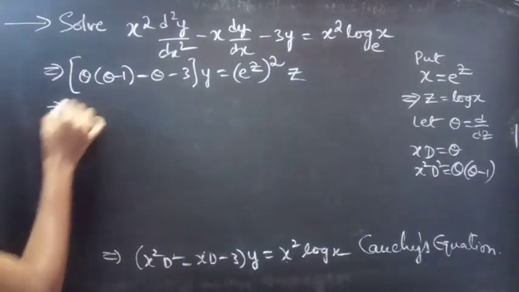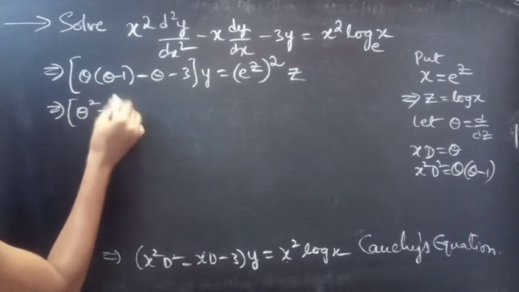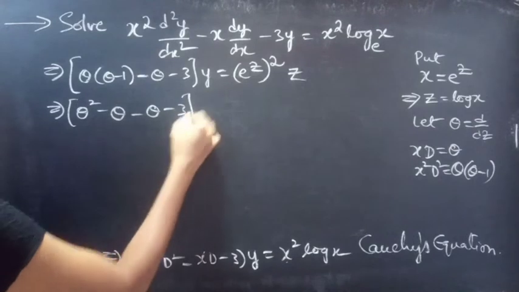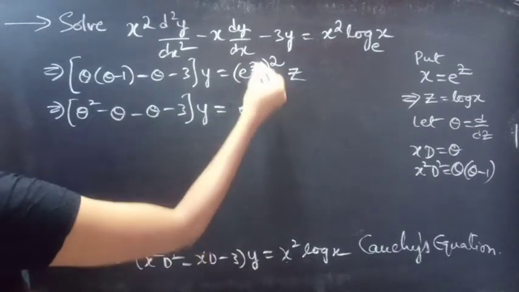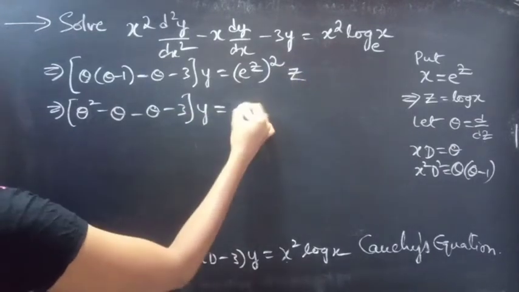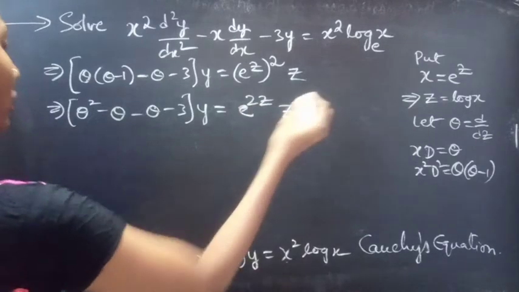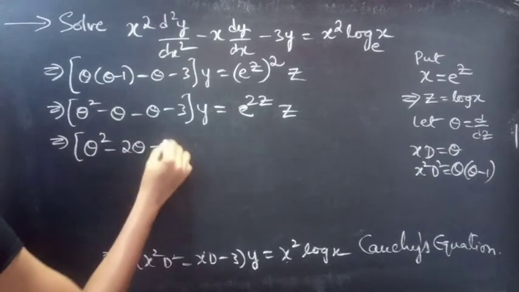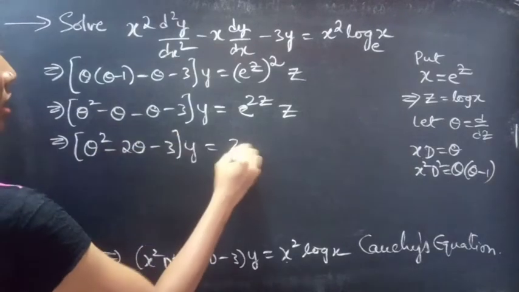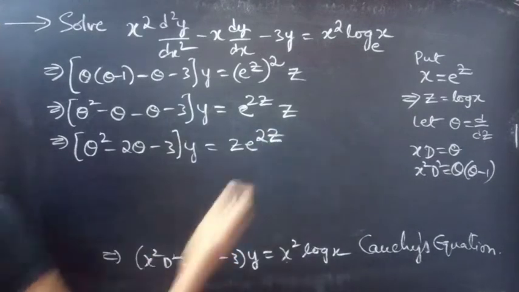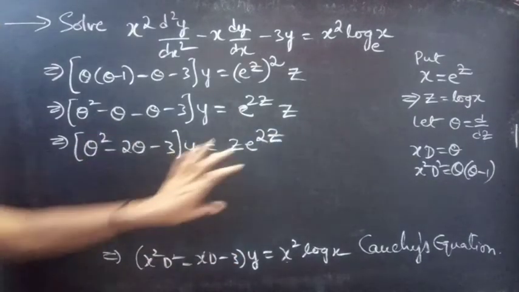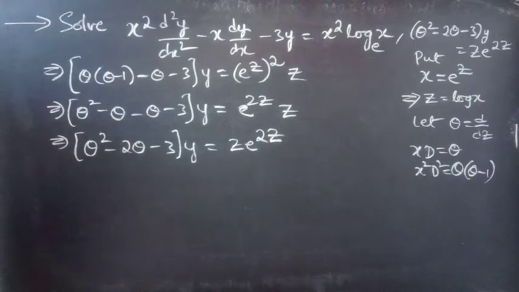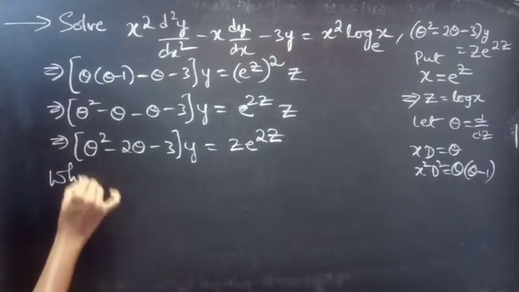Then theta into theta minus 1, minus theta, minus 3 into y equals to e power 2z into z, right? Then theta square minus 2 theta minus 3 into y equals to z into e power 2z. See, this is of the form f of theta into y equals to some function of z, which is in operator form.